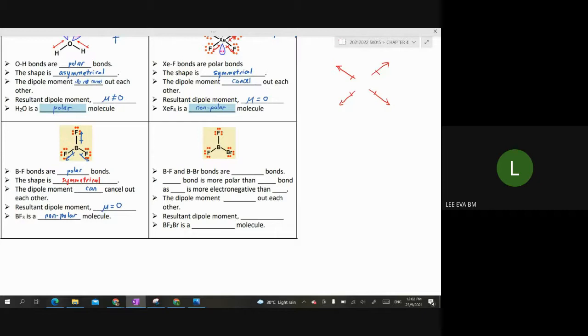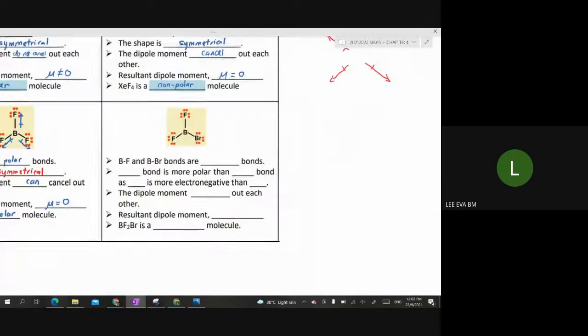Okay, and then the next, last example over here is BF2Br. Same thing, it is still trigonal planar, tapi macam tadilah, Irfan dengan Su tarik ke sebelah, lepas tu siapa-siapa lagi tarik ke sebelah dekat sini. Okay, so we try to look at polarity first, bond polarity. So BF bond dekat sini, dia ada polar arrow. Dekat sini BF bond pun sama juga polar arrow. How about BBr bond?